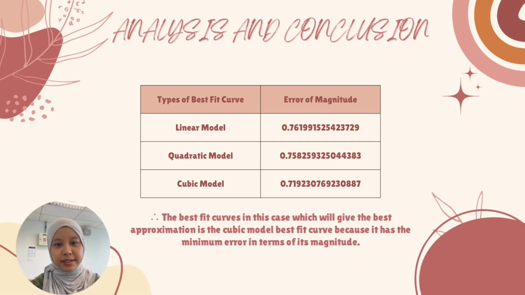The best fit curve in this case, which will give the best approximation, is the cubic model best fit curve because it has the minimum error in terms of its magnitude. As we can see, the least error is the cubic model with an error of 0.719230769230887.